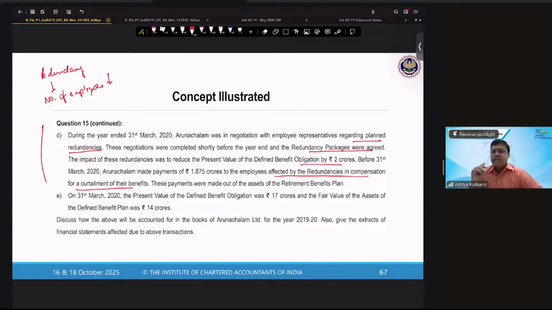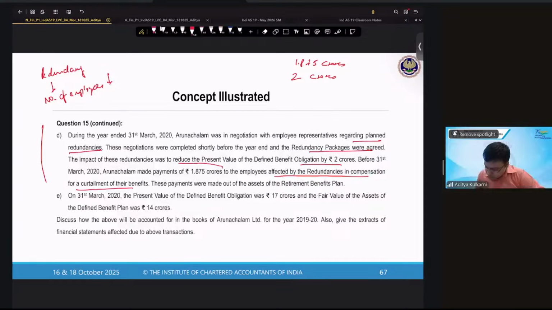So what is happening in effect, just understand now. I am having a payout of 1.875 crores. I'm paying this much today so that their benefits worth 2 crores get curtailed. Are you able to follow this? That is what they are saying, right?